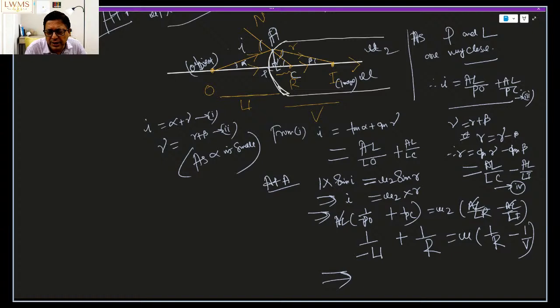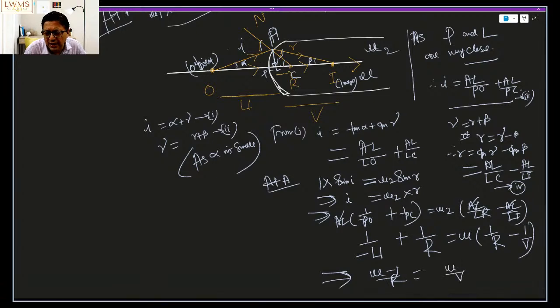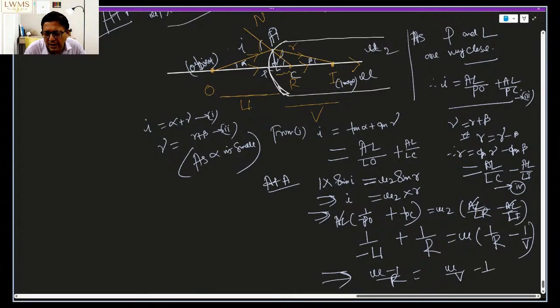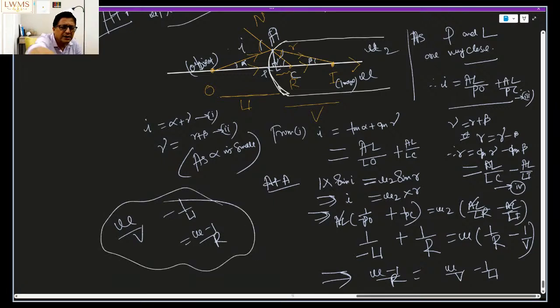Now take this mu on the left side, or this R on the right side. So the relation is this.